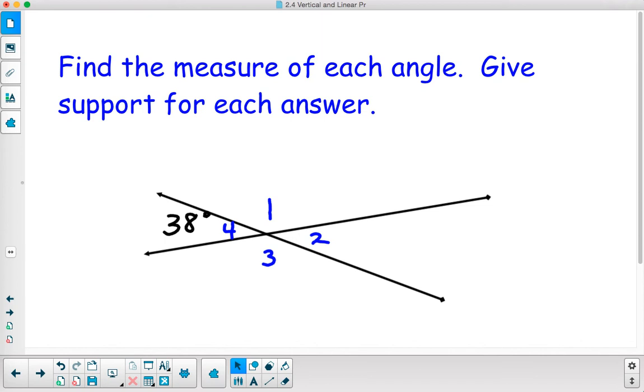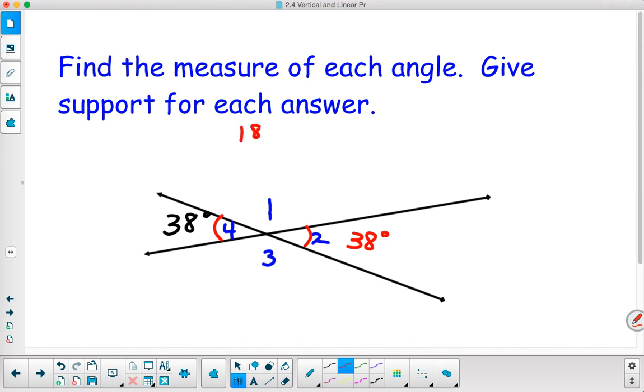Okay, as you work through this one, again, you might do this in a different order than what I did, but let's see if you can follow my thinking and if you get the same degrees that I do. First thing I did was use vertical angles. Vertical angles are congruent, so angle 2 was also 38 degrees. Then I could look at angle 4 and angle 1 are a linear pair.